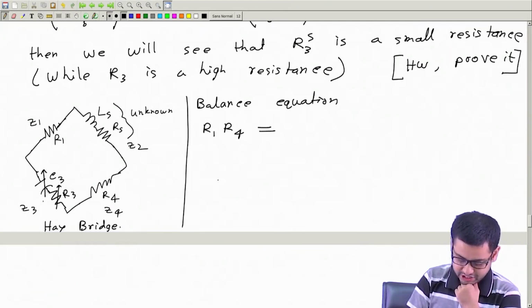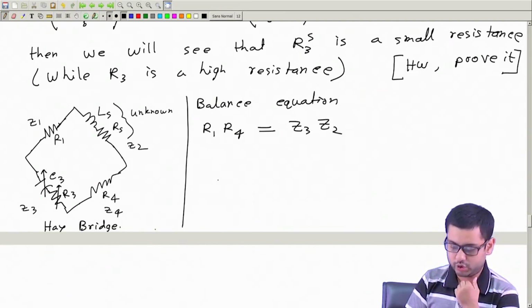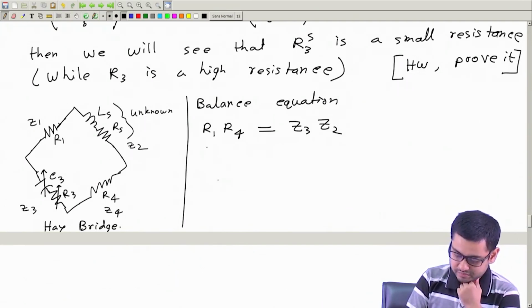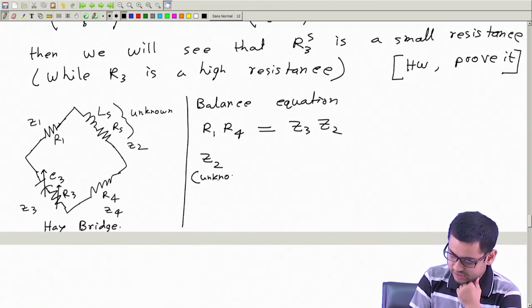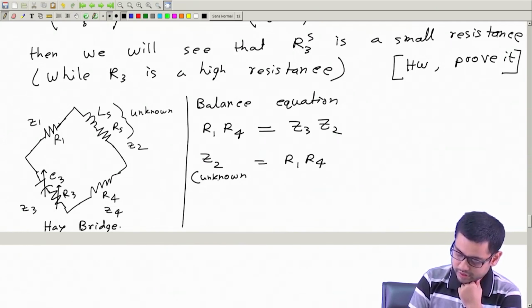This should be same as the product of Z3 Z2. Z2 is the unknown. Now, so Z2, this unknown, we can write it as R1 R4 divided by Z3 or multiplied by Y3.